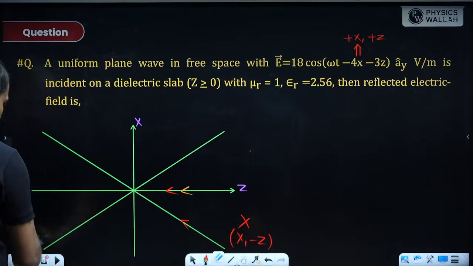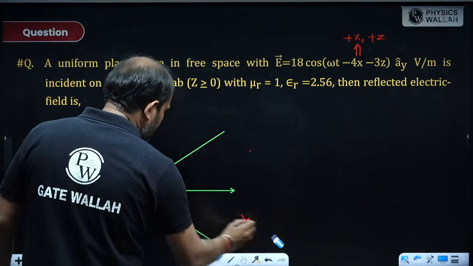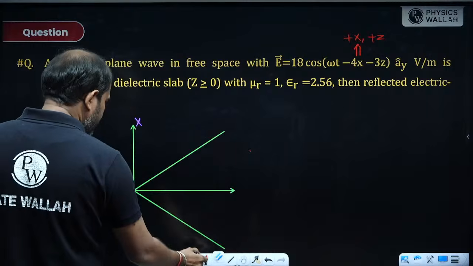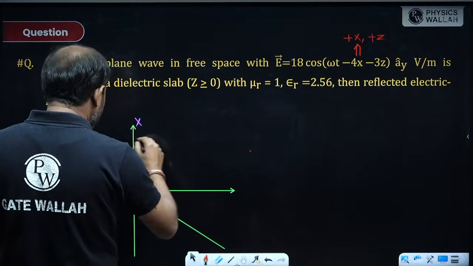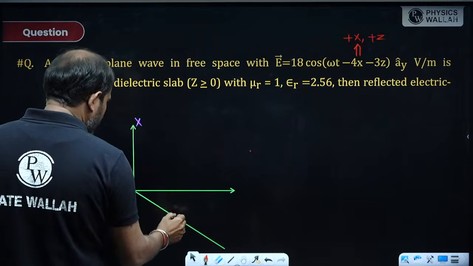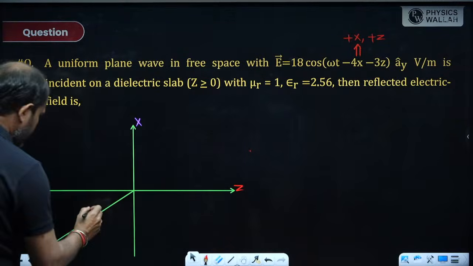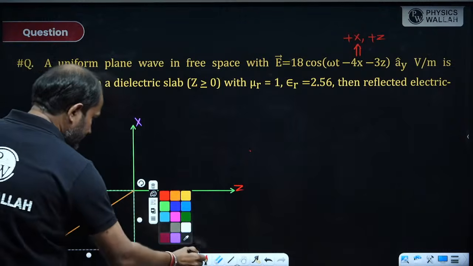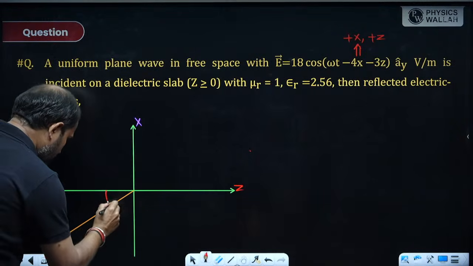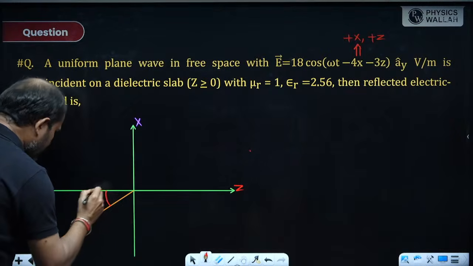So which one is normal? The Z axis is normal. This one is normal, and we have theta I. Why is it normal?